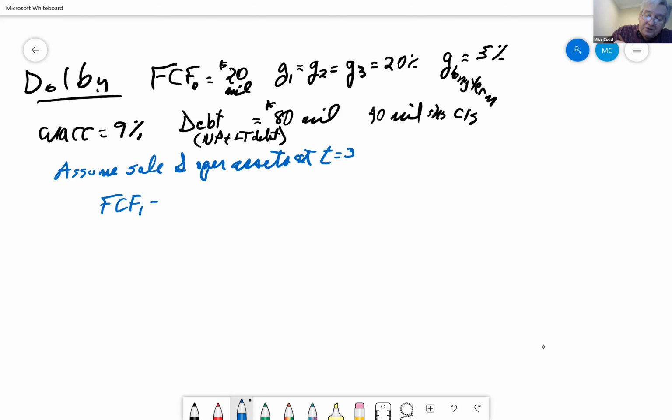So again, to find the free cash flow in year 1, we take the free cash flow for year 0 times 1 plus 30%. And then in year 2, playing leapfrog, we let it grow again by 30%.